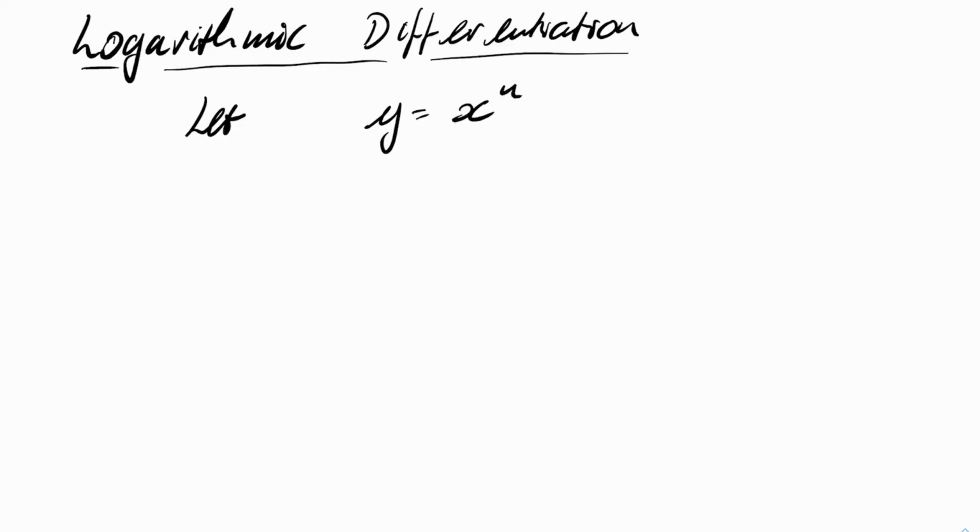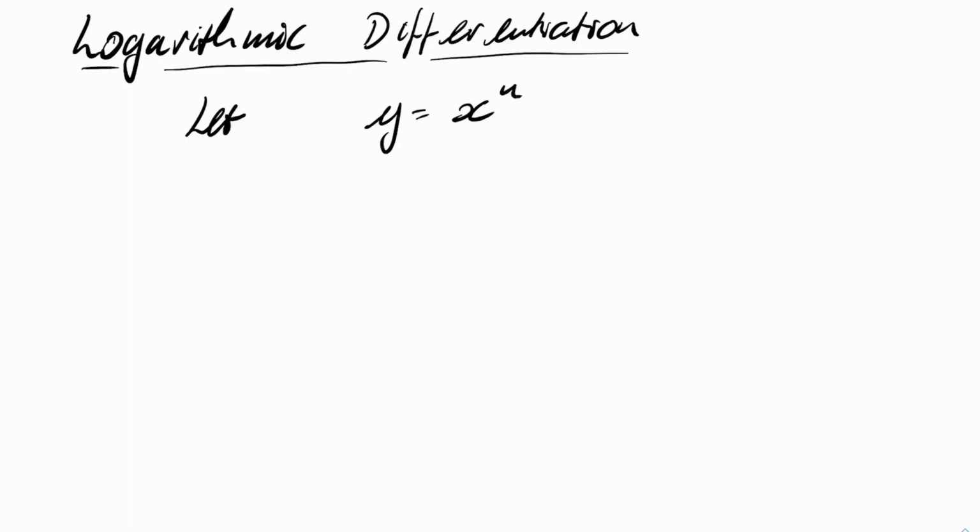Let's try rederiving the power rule using logs. Previously we've only proven this for n equals an integer, but by using logarithmic differentiation, we can prove it for any value of n. How do we do this? Well, let's take logarithms of both sides and then use the law of logs to simplify it.